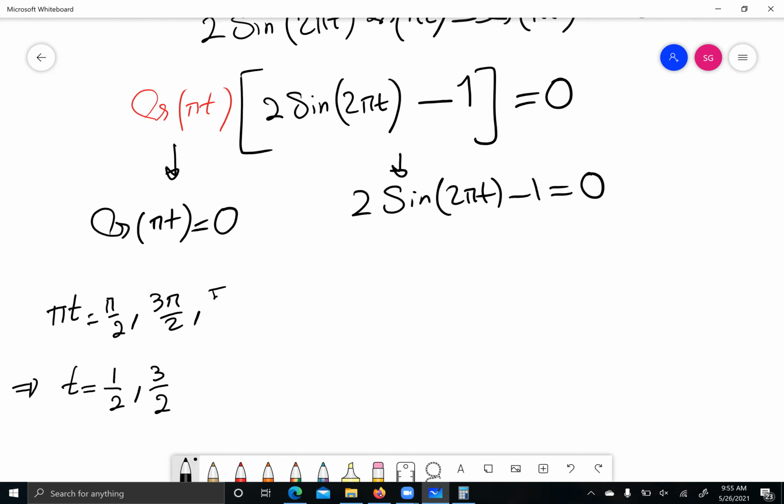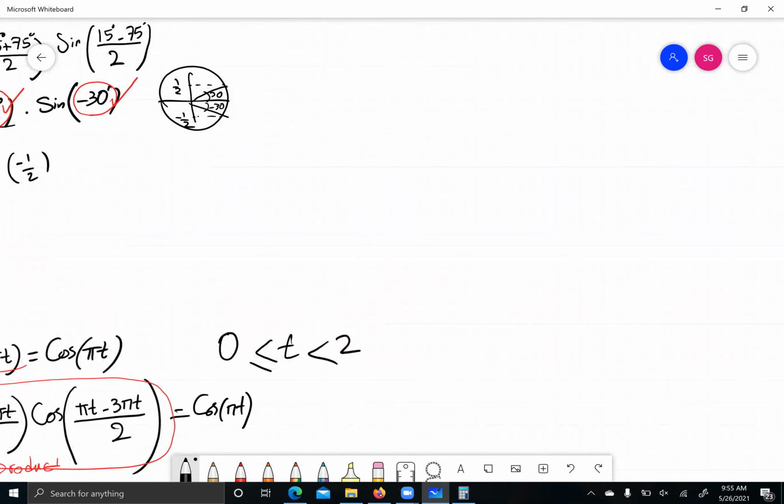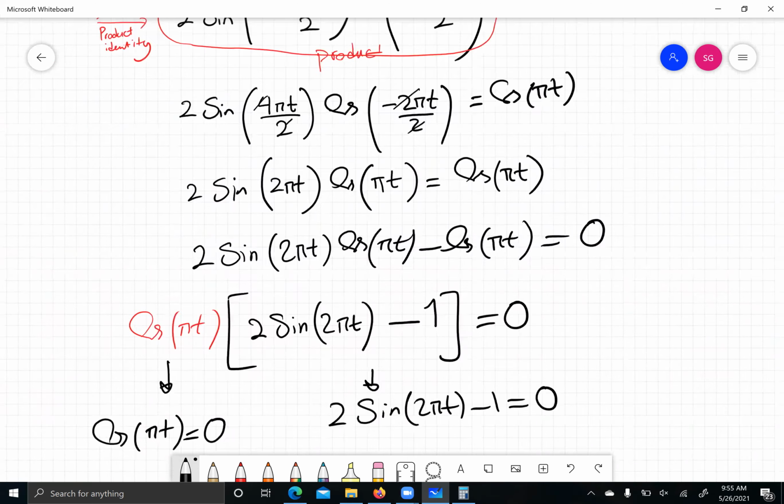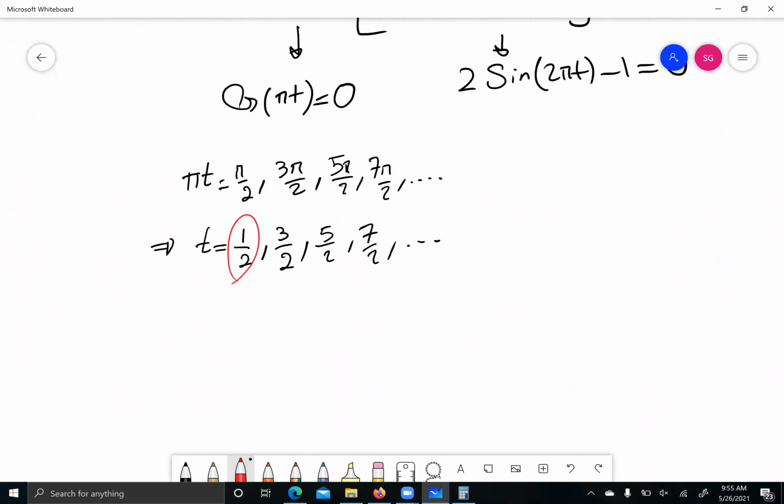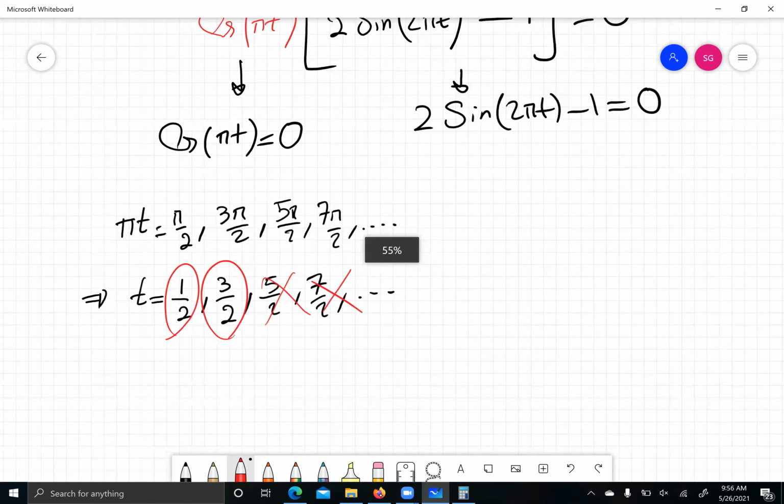So this is going to be 5 pi over 2, 7 pi over 2, and so on, and then t is going to be 5 over 2, 7 over 2, and so on. However, we should only accept t values between 0 and 2. So the acceptable values are half and 3 over 2. 5 over 2 is 2.5. No, we don't accept the rest. So only these two from this element.